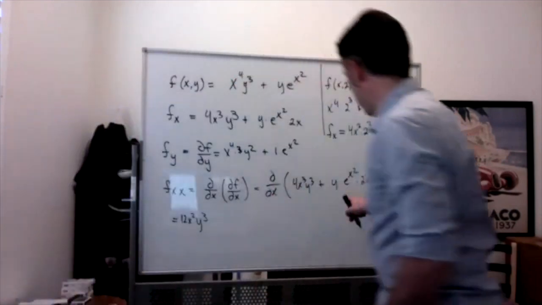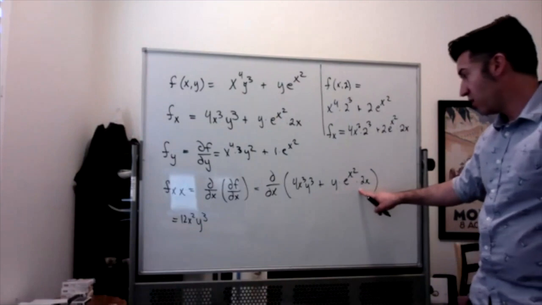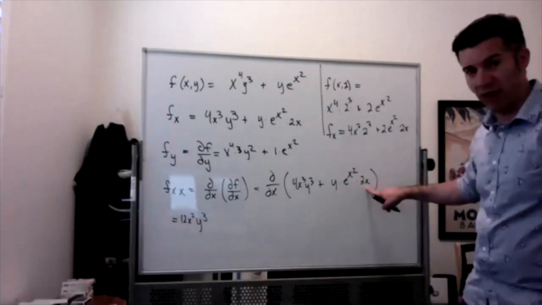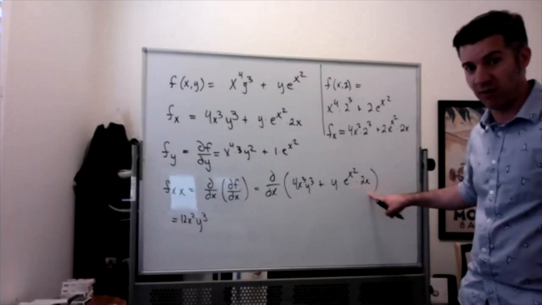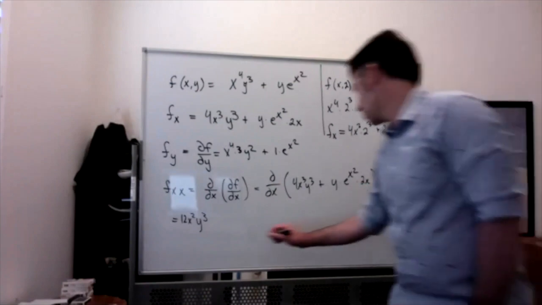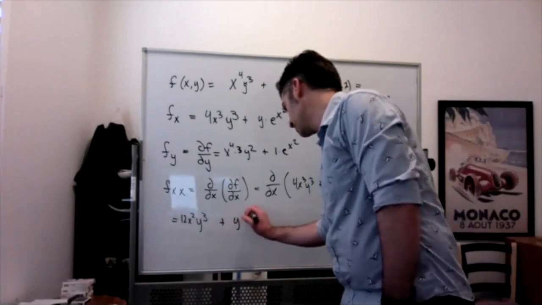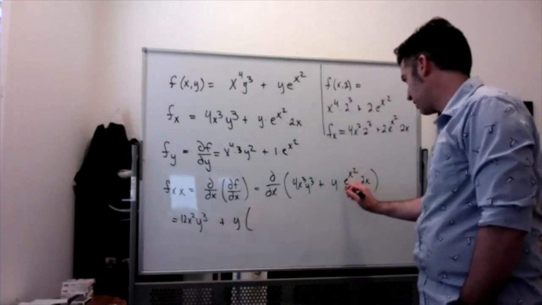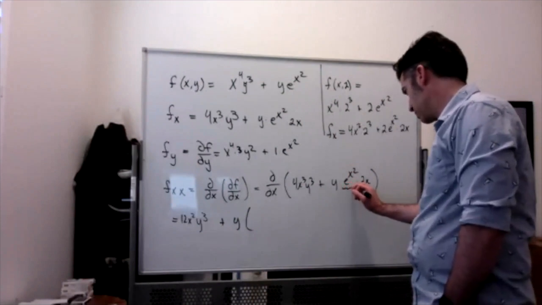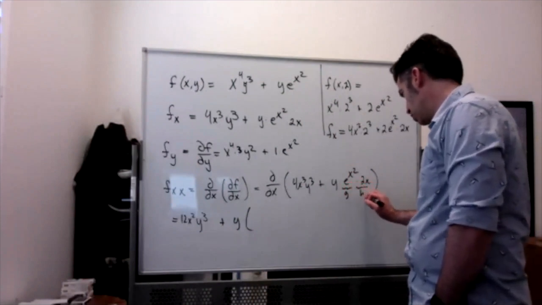Now the partial derivative with respect to x of this part here, we have a y, which is a constant, but then we have an e to the x squared times a 2x. We have two different instances of our variable multiplied together. We're going to have to use the product rule. So we're going to get plus y times, I'm going to think of this as a product. I can think of this as g and this as h.